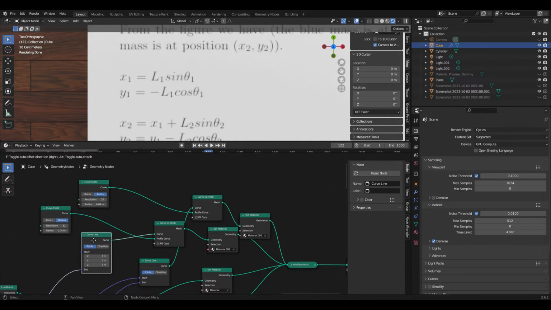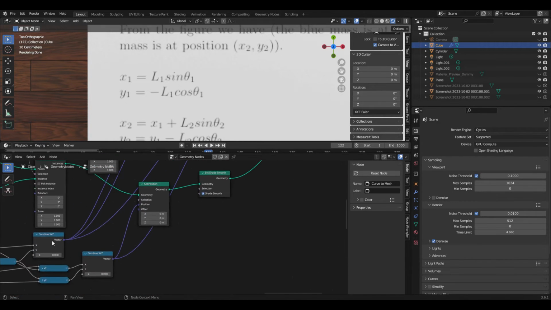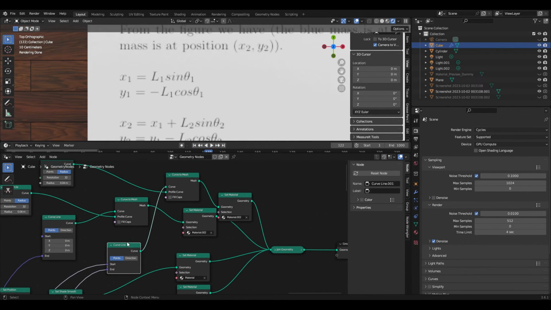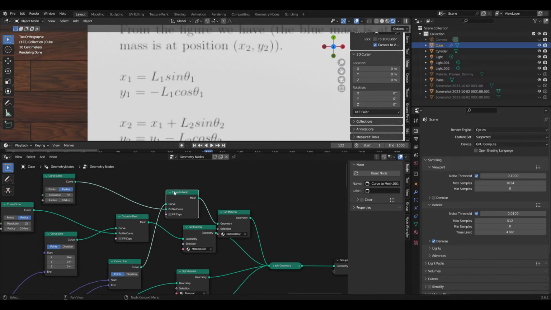So the start and end points are just those vectors going in. So I have x, y, z going in there. And then I'm doing a curve to mesh so I can apply some materials to them. And that's about it. That's the whole Runge Kutta method.